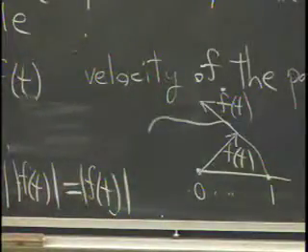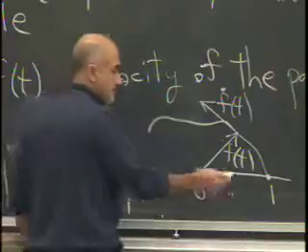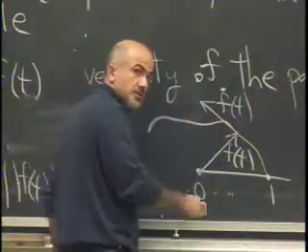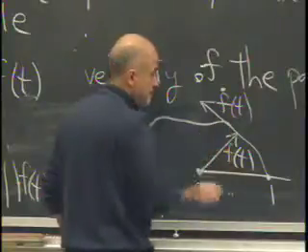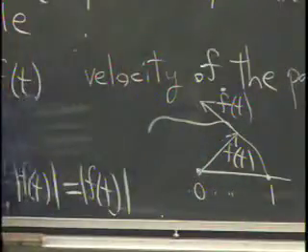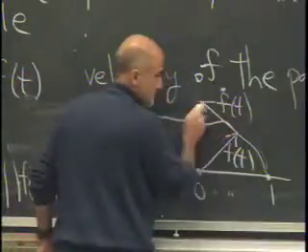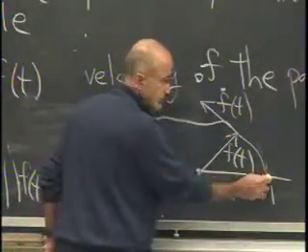Now here's my question to you. What is the set of points, what is the trajectory that guarantees these two conditions for all time? You start off on the unit circle here.